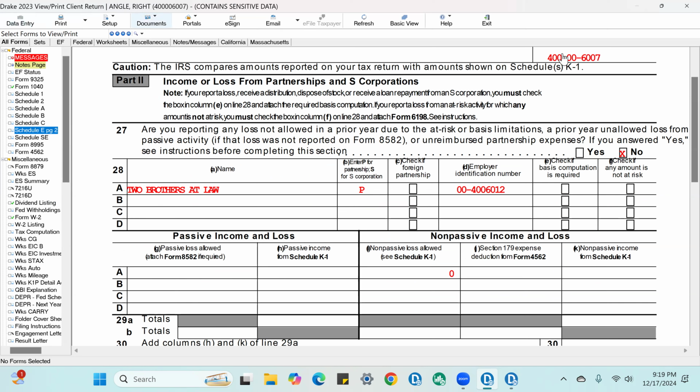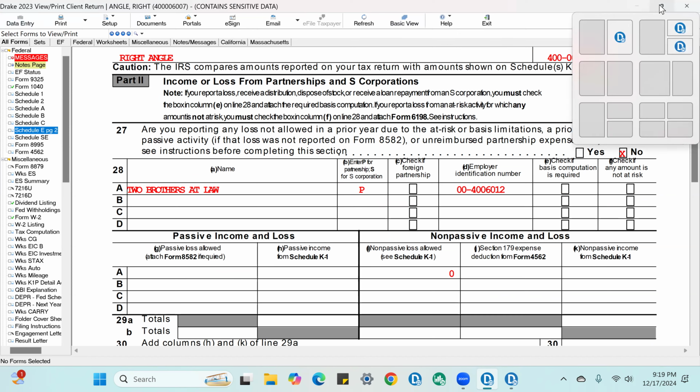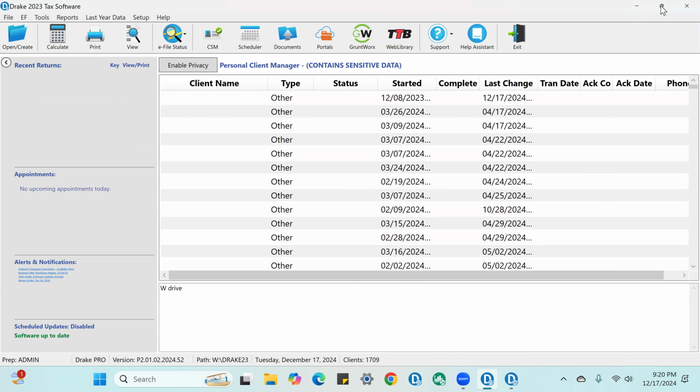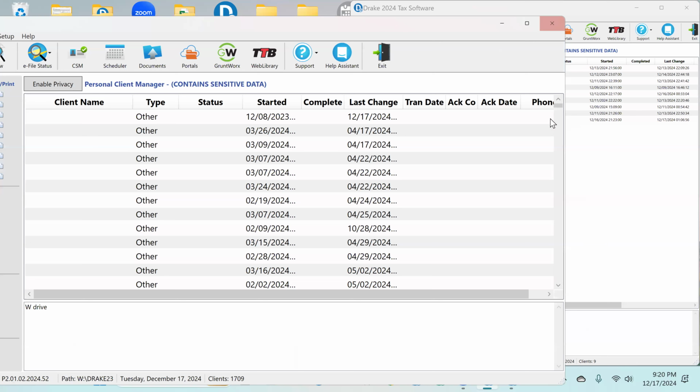So now, let me see if I can pull 2 together. No, this is 2024, so this side. I probably have to do this. I have to minimize first. Let me see if I could. I'm trying.